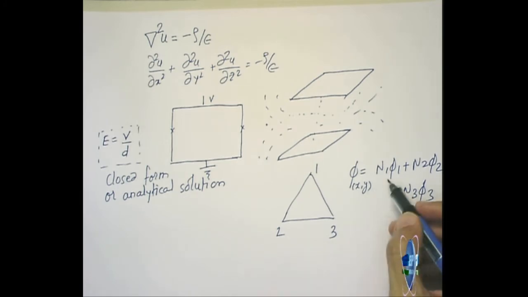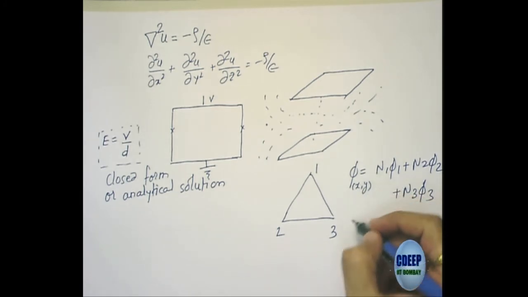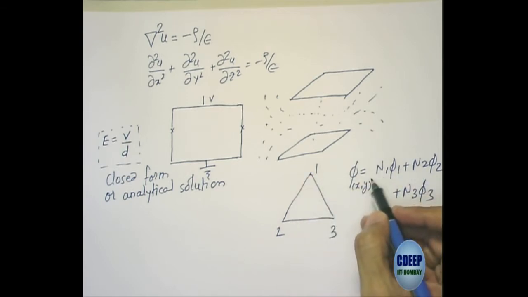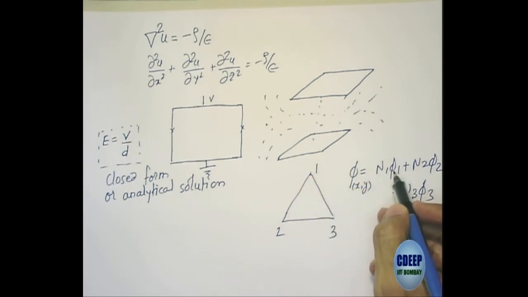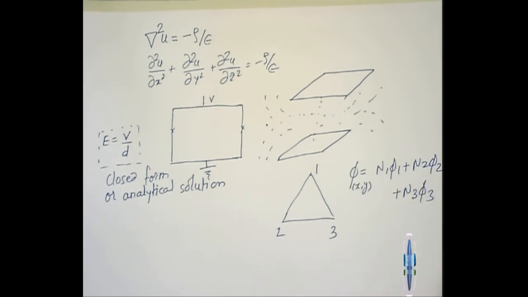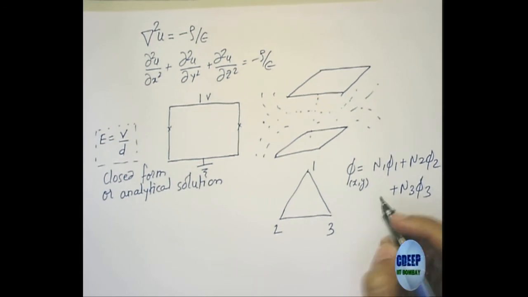So when we are talking of phi at node 1, it has to be equal to phi 1 on the right hand side. That means at that node n1 has to be 1 and n2 and n3 have to be 0.